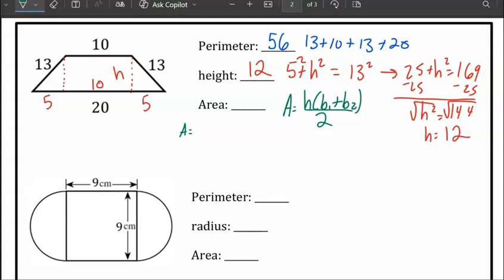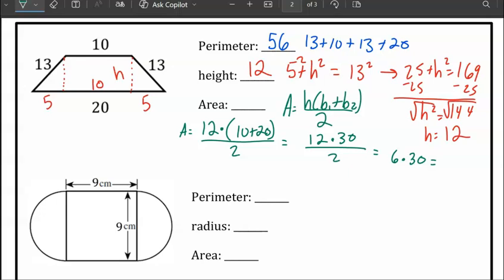A equals the height 12 times the two bases, 10 plus 20 all over 2. 180 would be the area.